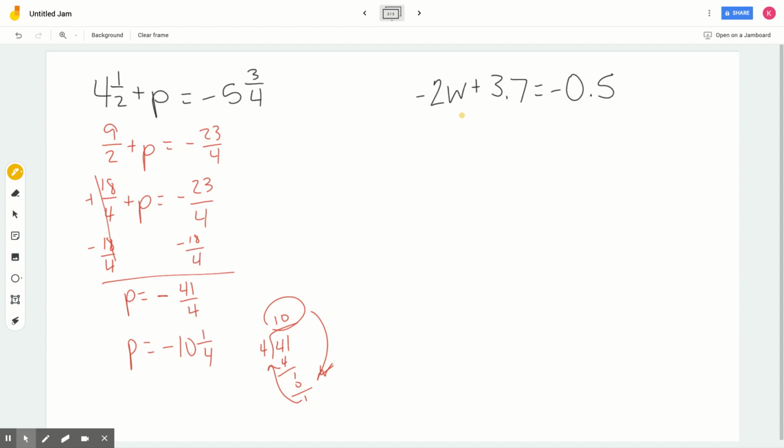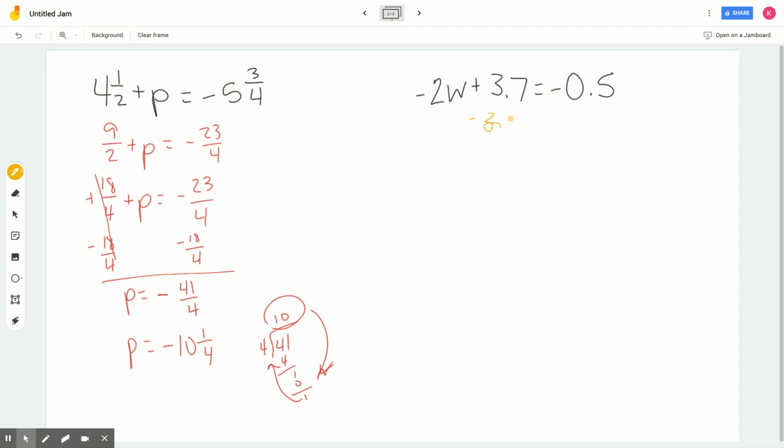If you said you needed to start by subtracting 3.7, you are correct. So negative 2W equals, again, we have the same sign, so we keep it. 5 and 7 is 12. Carry a 1. 1 and 3 is 4. We had to add and keep that sign.